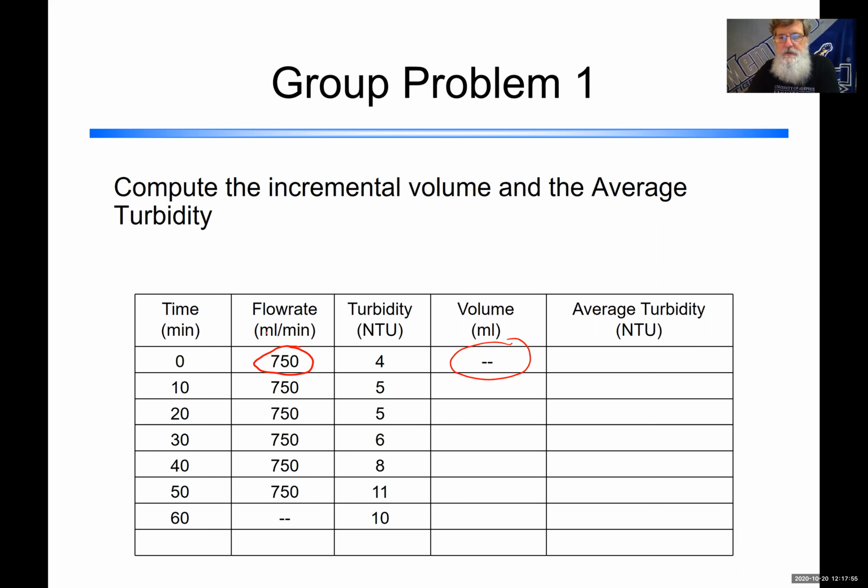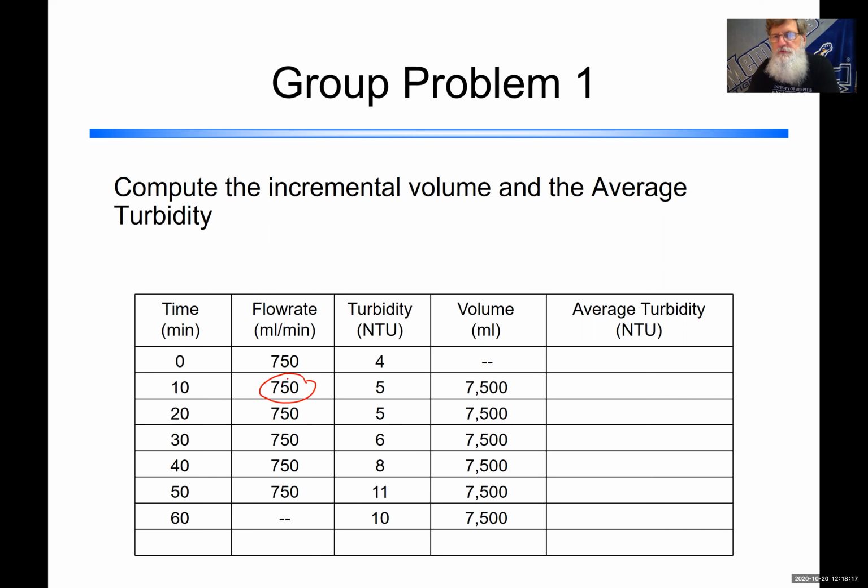So that means 10 minutes later, the volume treated would be 750 times 10, or 7,500 milliliters. And then after 20 minutes, again, it would be 750 times 10, and it's going to be the same for all of them. That was a pretty easy calculation to do.